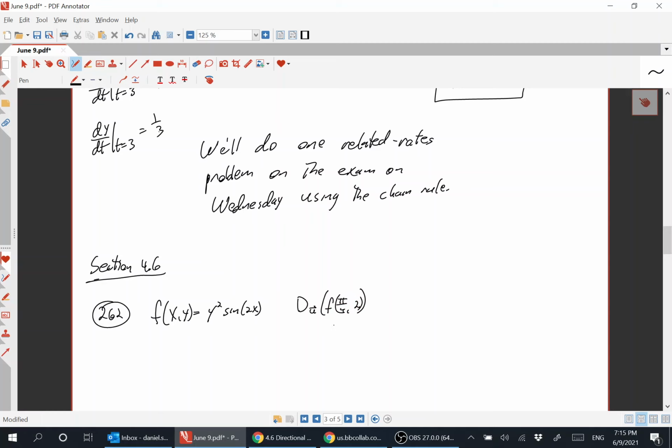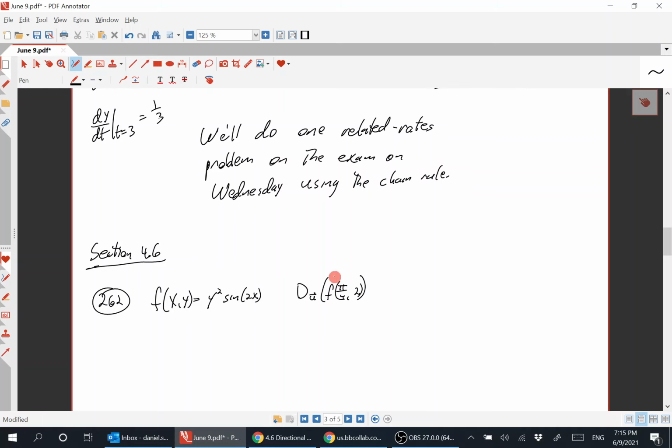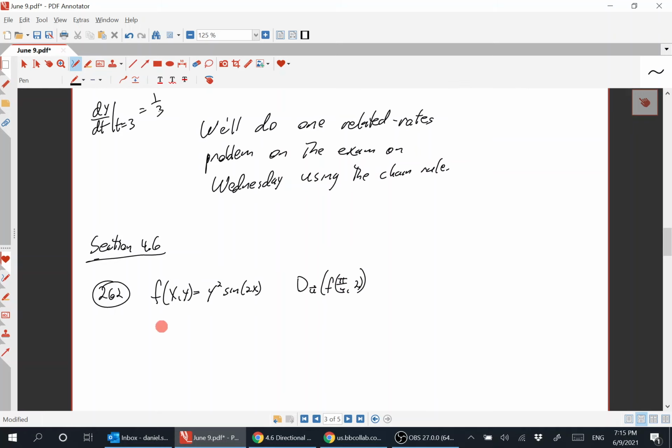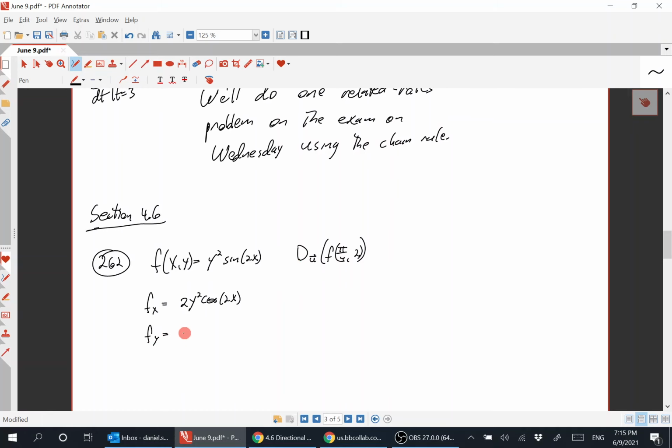Right, so first we find the gradient vector. The partial derivative with respect to x, the y squared is just a constant, so it's 2y squared cosine 2x. And the partial derivative with respect to y is 2y sine 2x.